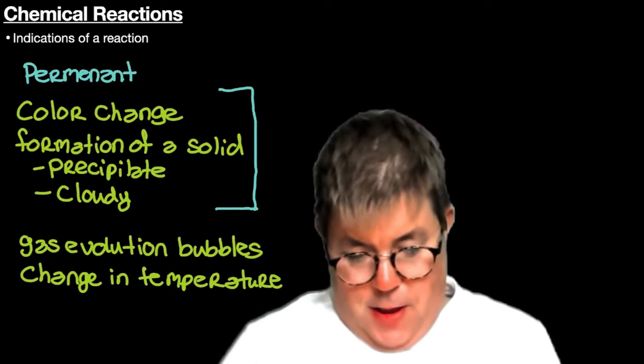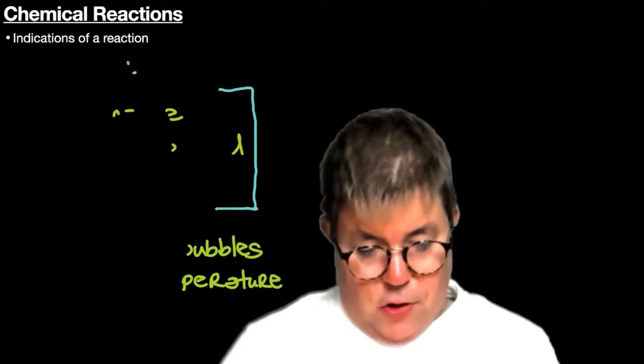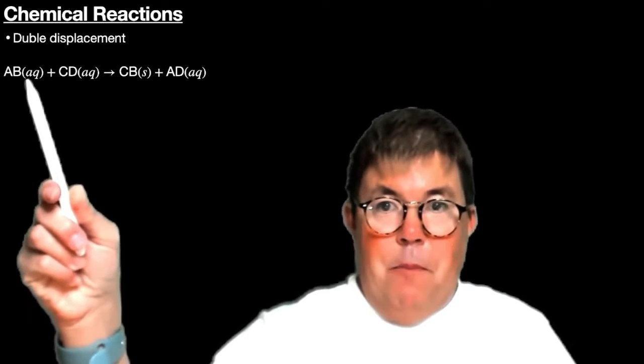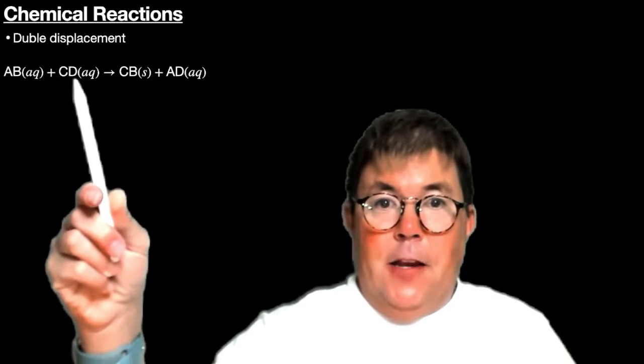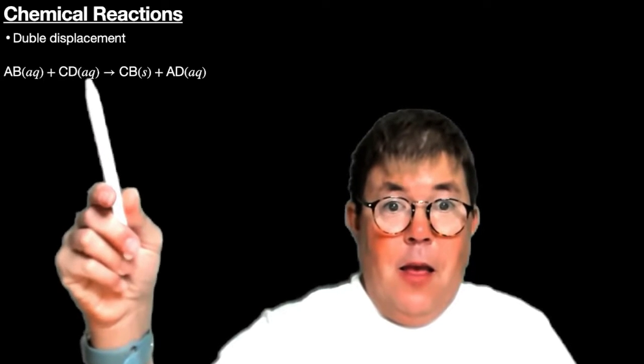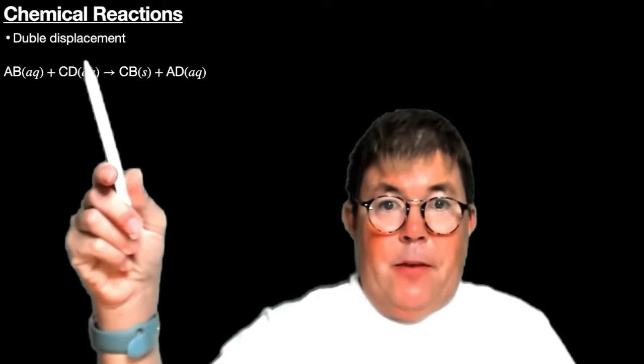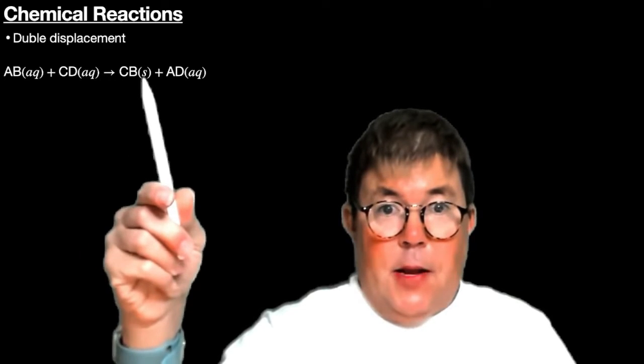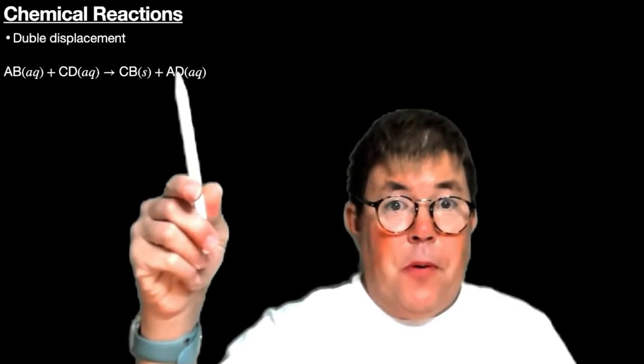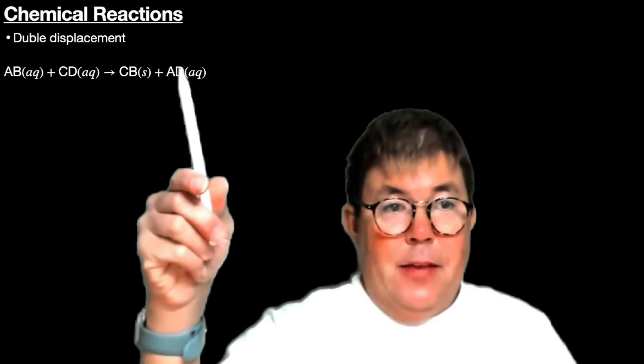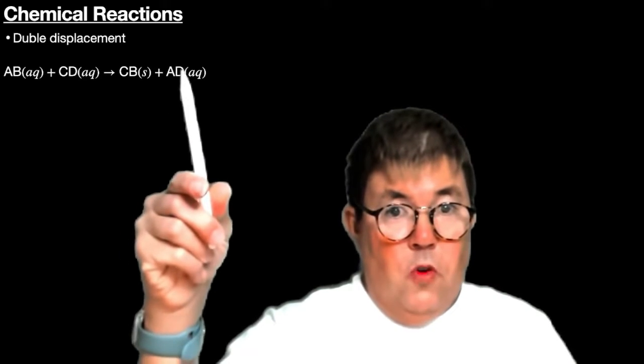Let's move on and discuss double displacement reactions quickly. Double displacement reactions take on the form where we have a solution, AB, and we mix it with another solution. For the purpose of this exercise, one of the products will be a solid and the other product will remain as a solution.